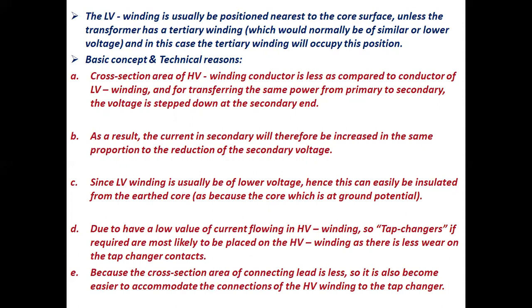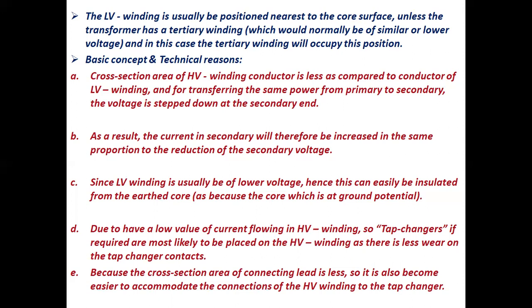As a result, the current in secondary will be increased in the same proportion to the reduction of the secondary voltage. Since the LV winding is of lower voltage, it can easily be insulated from the earthed core, because the core is at ground potential.